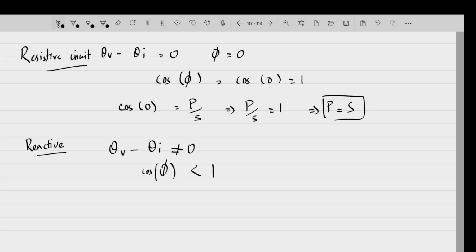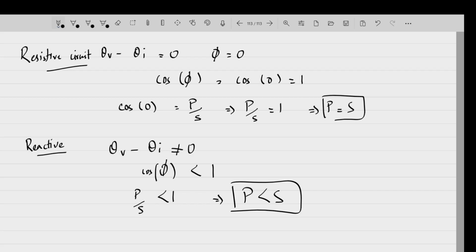Okay? It will vary between 0 and 1 depending upon how much reactance is present in the system. So if cos of phi is less than 1, P by S is equal to cos of phi, that means it is less than 1, implies P is always less than the apparent power. So your true power is always less than the apparent power in the system.